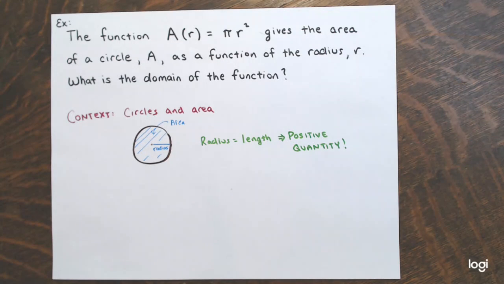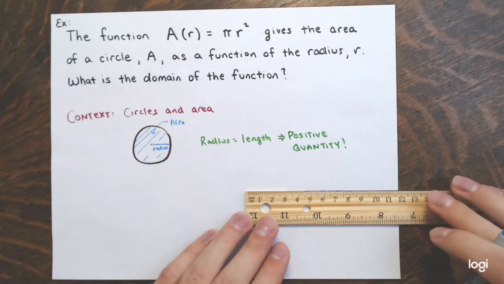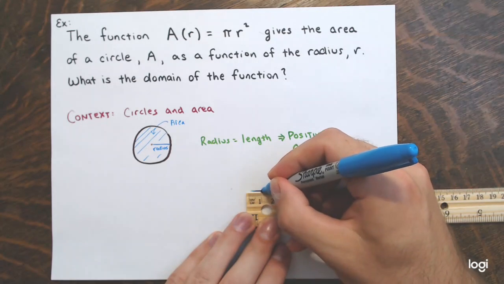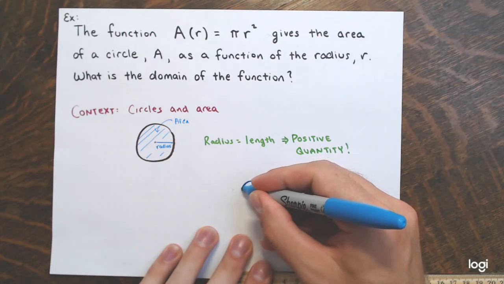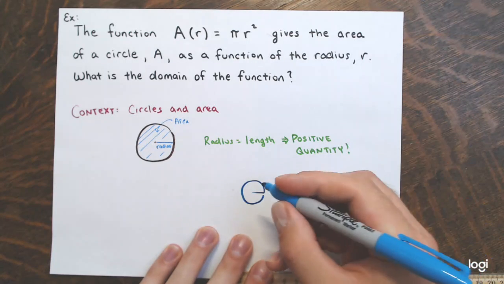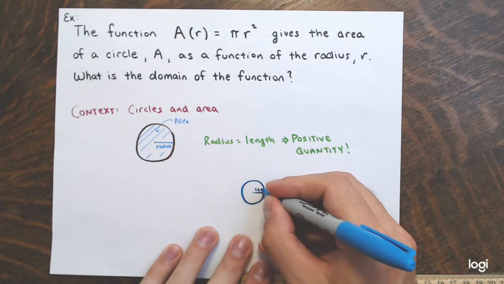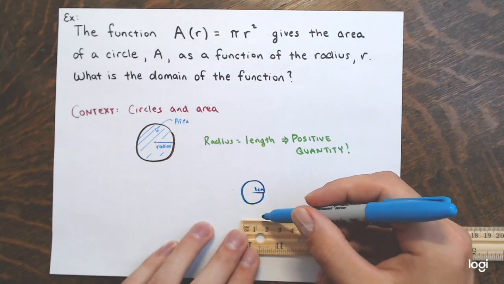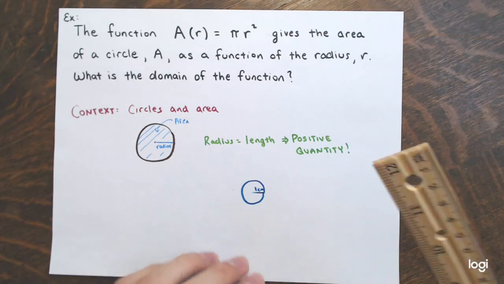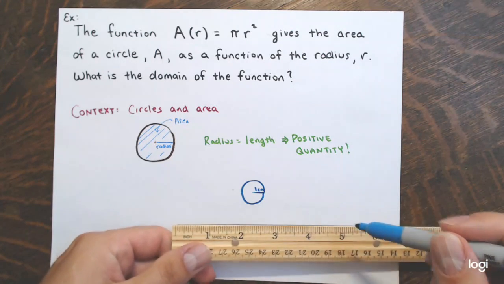If I said, let's draw a picture, with a radius of 1 centimeter or something, I could do that. That's a positive length. So here's 1 centimeter right there. Pull a ruler, and then a circle with a radius of 1 centimeter. Again, just eyeballing this, I should have brought a compass, but there's a circle with a radius of 1 centimeter. And I could do that with any positive length, a radius of 3 centimeters, 4 centimeters, 5 inches.